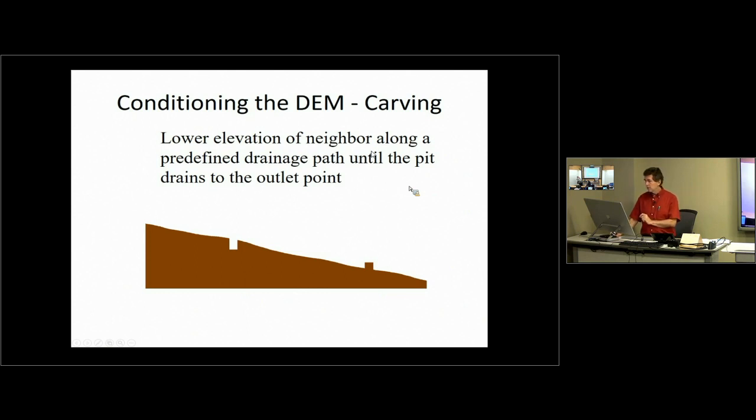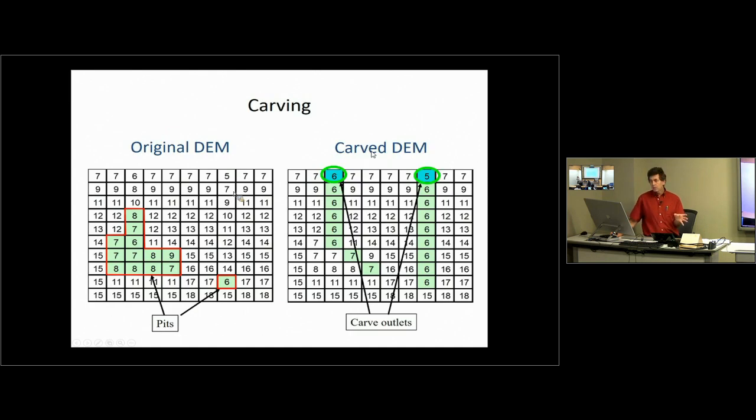This one is carving, where you want to lower the elevation of a neighbor along a predefined drainage path. So rather than filling these up, we might remove the barriers. If we look at the little example I've been using, we have the same pits that we had before. The left-hand side is exactly as I showed before. But now, to make this conditioned so that all of the grid cells drain out, rather than raise the elevation of all of these grid cells, I'm going to carve a path.